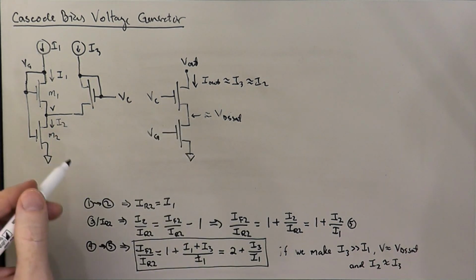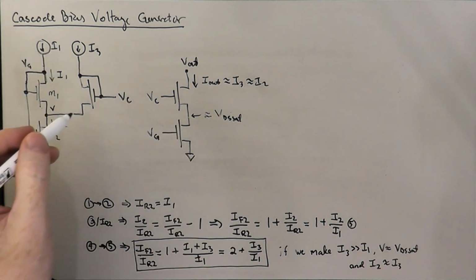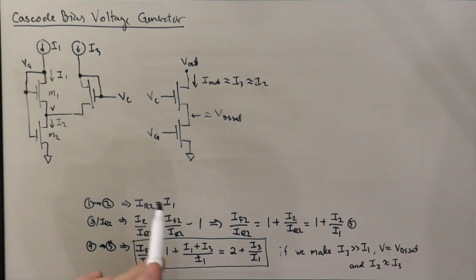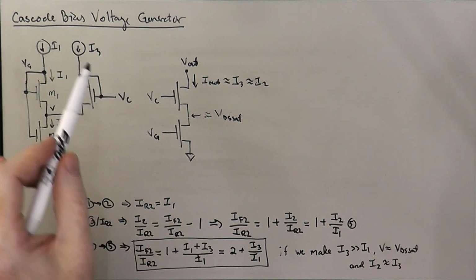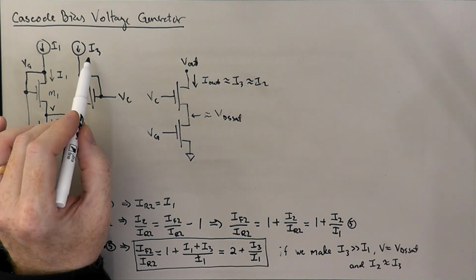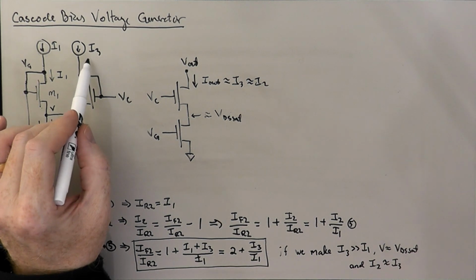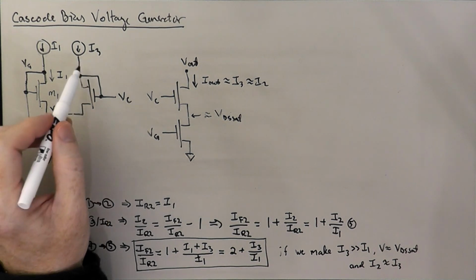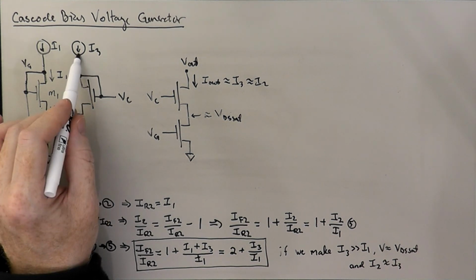Okay, so this is our basic Cascode bias circuit. So if we have some current level that we would like to produce a Cascode bias voltage for, we can put it in here.